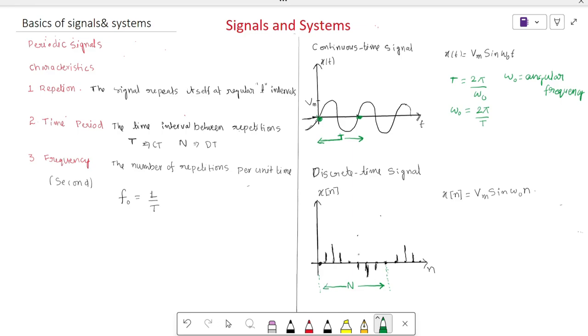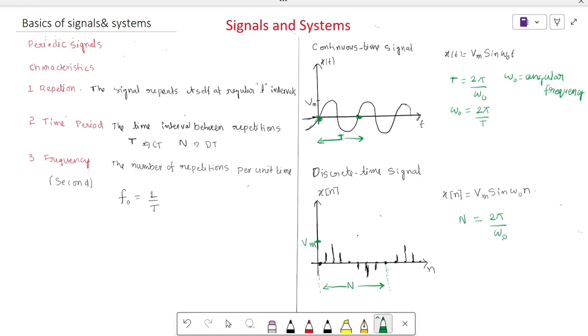These are the peak magnitude, the peak magnitude is Vm. Here the fundamental time period, capital N, equal to 2 pi by omega naught.